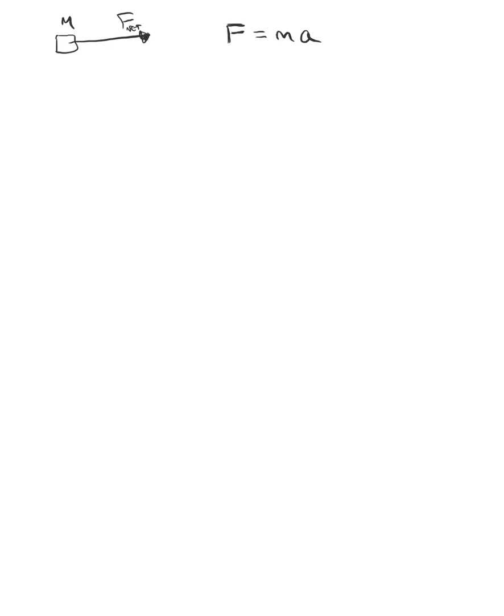When it comes to rotations, we have a very similar equation. Let's say this is an object, and it is fixed at one point so that it cannot move around, but it can still rotate around this pivot point.